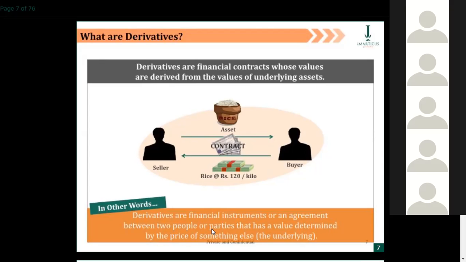And this kind of contract is termed a future contract, because the deal is happening today but the settlement is in the future. The contract is being signed today, everything is agreed today, but the settlement will take place in the future, that is at t equal to 90, as an example we have taken.